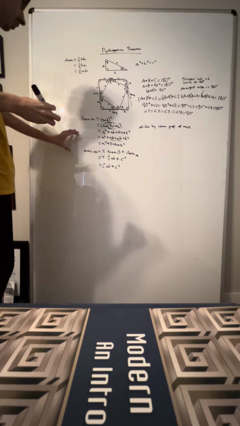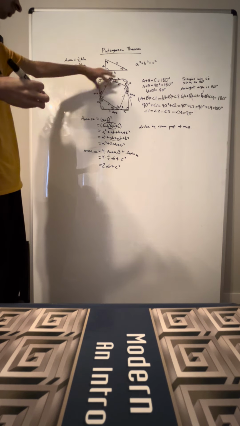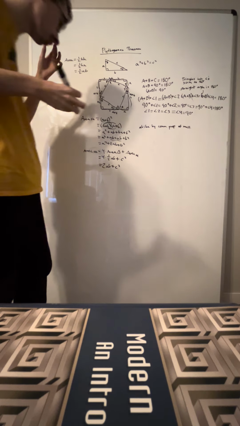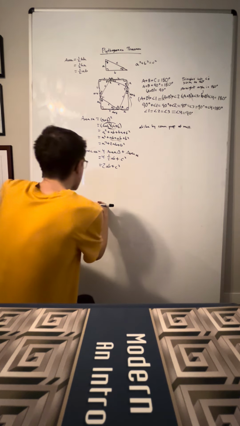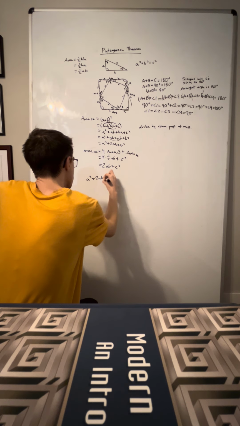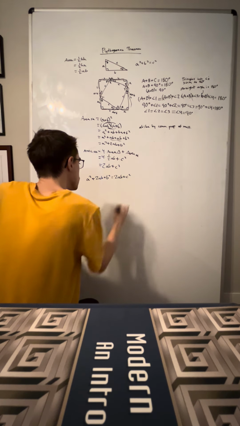But notice here, these are just two ways of describing exactly the same amount of area of the entire larger square. So we can actually set these equal to each other. So a squared plus 2ab plus b squared equals 2ab plus c squared.